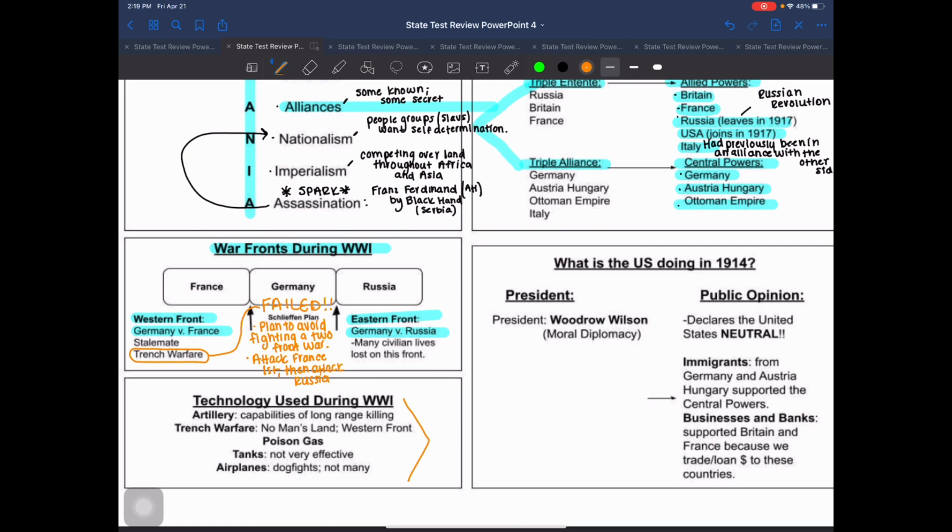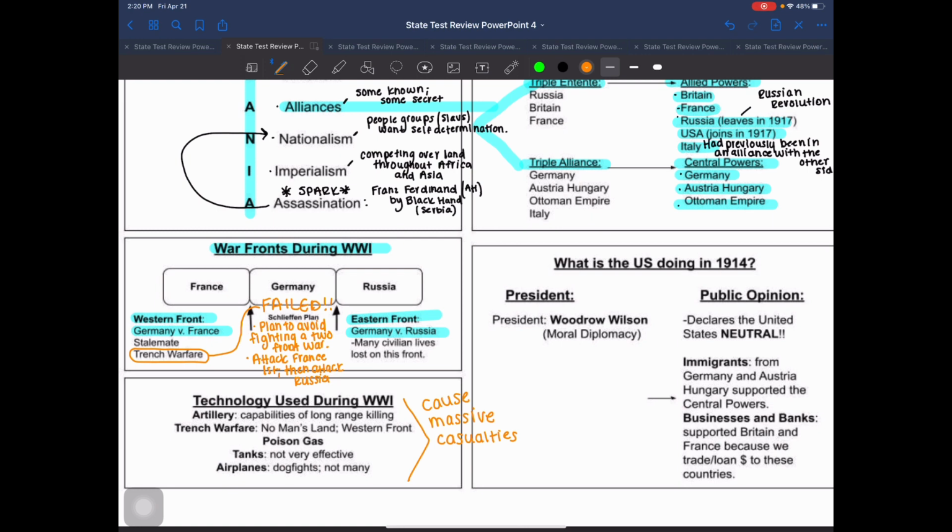But these technologies, the thing that you need to know about them is they cause massive casualties. To be honest with you, and I discuss this when I teach this topic in class, technology had improved, but our fighting strategies had not.